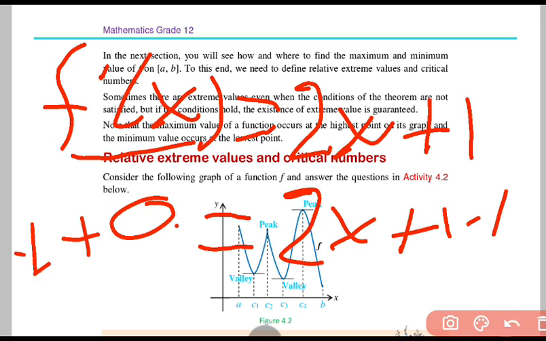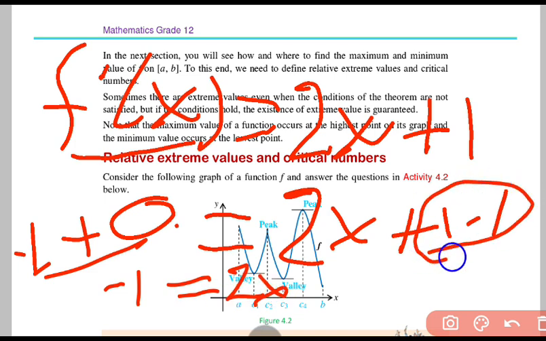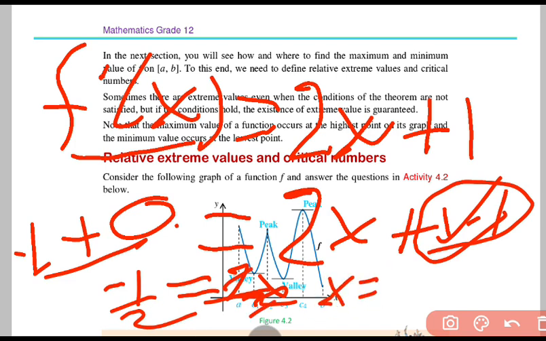Okay, minus 1 equals 2x, because 1 minus 1 is 0, divided by 2. Divided by 2, 2 by 2 is cancelled out. x equals what? Minus 1 over 2 is our answer. This number is what? The critical number. Why is it the critical number?